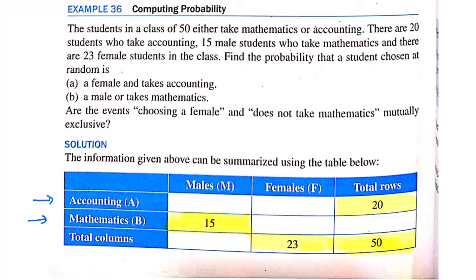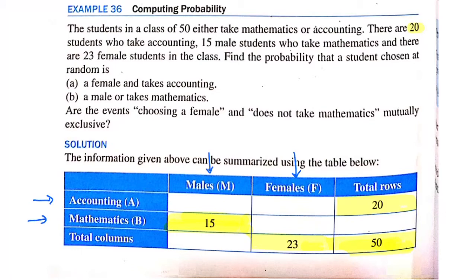This is the second element we are considering. Since we are dealing with two dimensions of the class, we need to write this table. This table is called a contingency table, and it will help us answer the question.